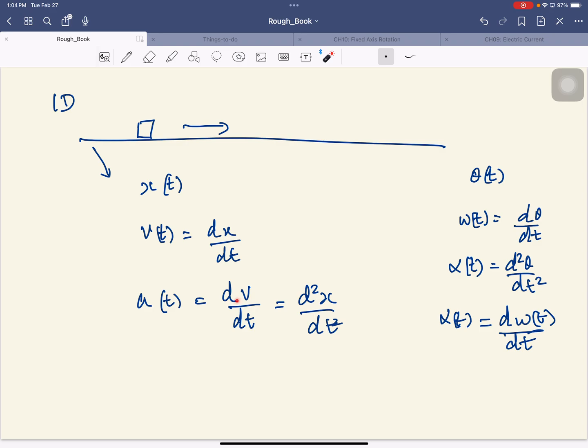That's what you saw for linear motion, and the parallel of that is alpha of t is that. Every formula that you've seen in the first 9 chapters, we're getting a corresponding formula for angular motion.